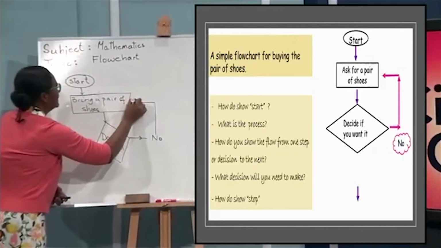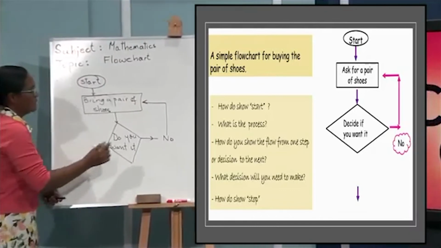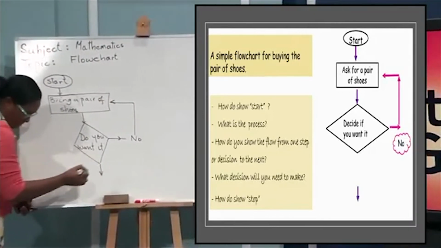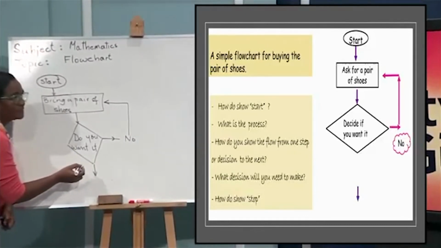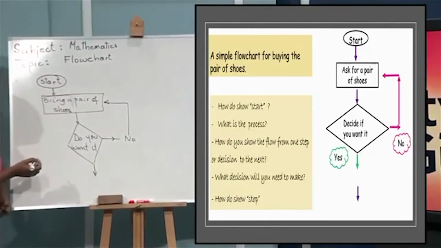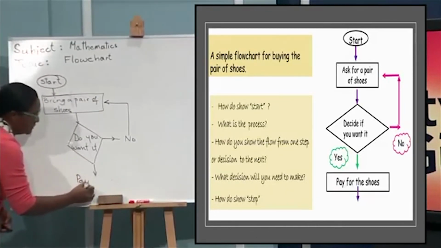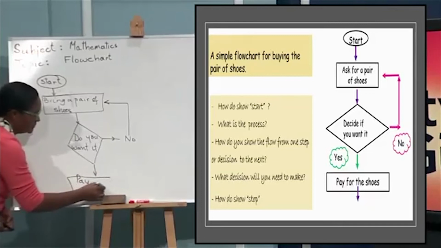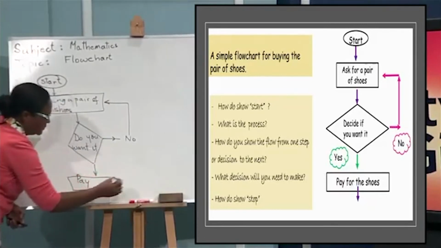Then you go back and ask for another pair of shoes. Okay? Suppose you decide on yes. What now? You pay for the shoes. Okay? And then we could do stop.